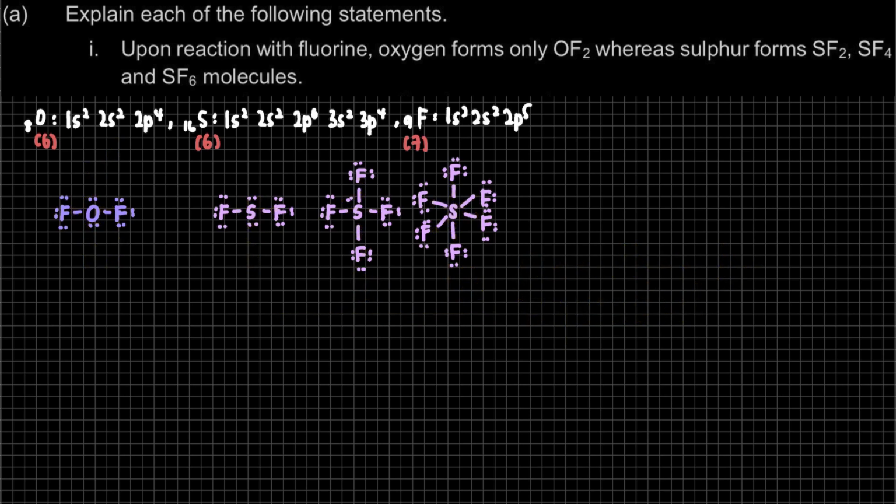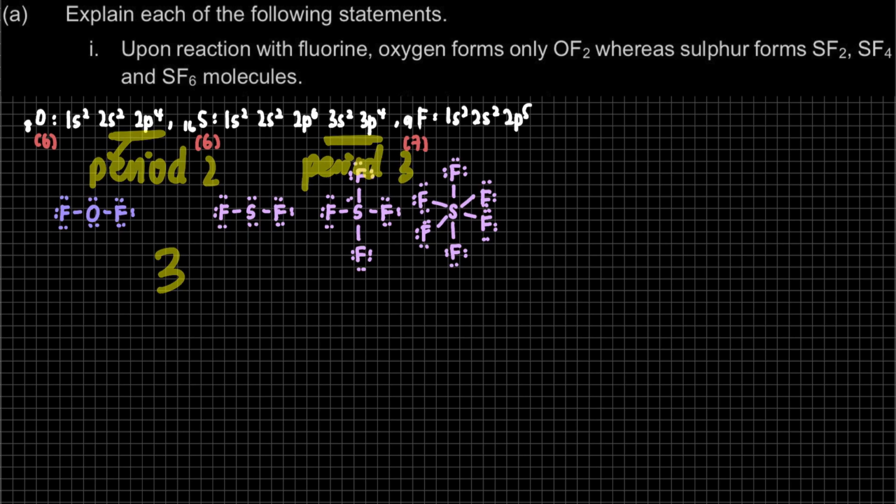First, what I would like to mention is the difference in the electronic configuration. For oxygen, the highest n is n equal to 2, and for sulfur it is n equal to 3. Back to our chapter 3, the periodic table: if the highest n is n equal to 2, it means that oxygen is in period 2, whereas sulfur is in period 3.